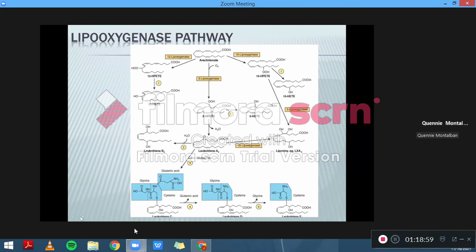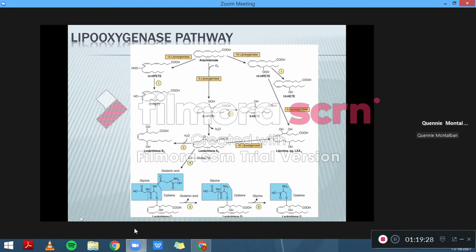For the formation of leukotrienes, only the 5-lipoxygenase enzyme can produce them. Lipoxins can be a combination of the enzymes 5-lipoxygenase and 15-lipoxygenase. So the lipoxygenase pathway will produce your leukotrienes and your lipoxins.